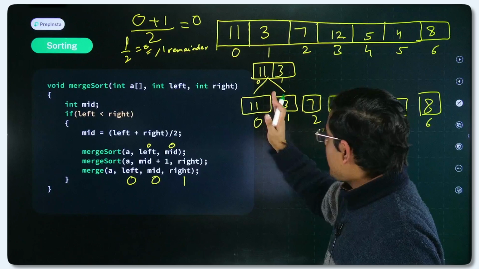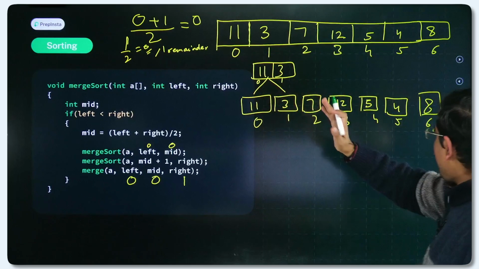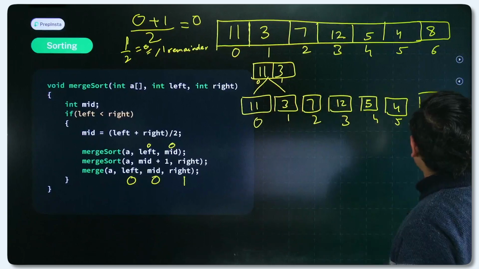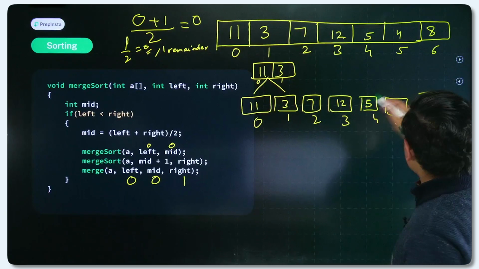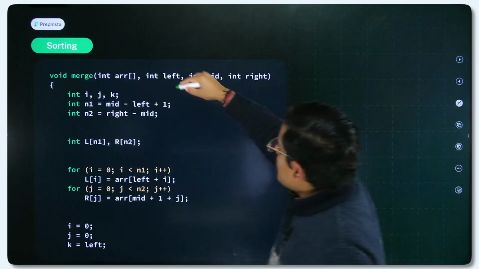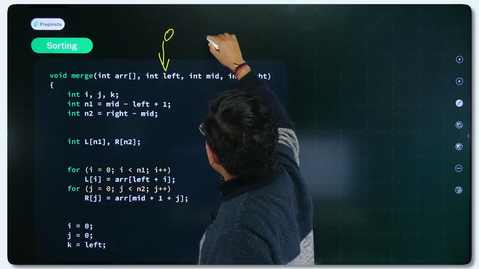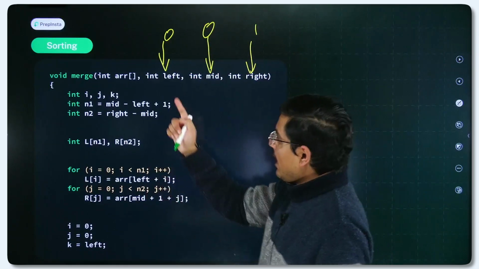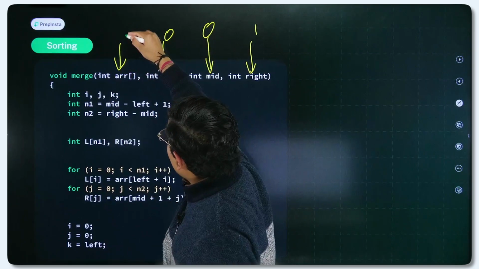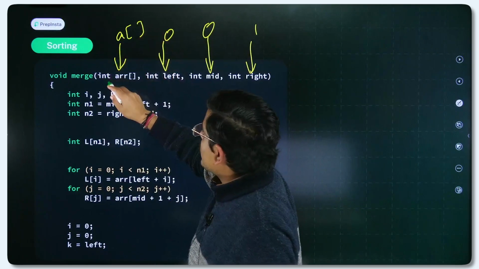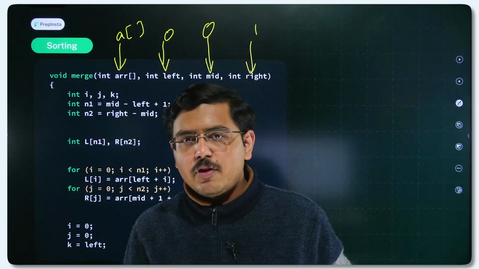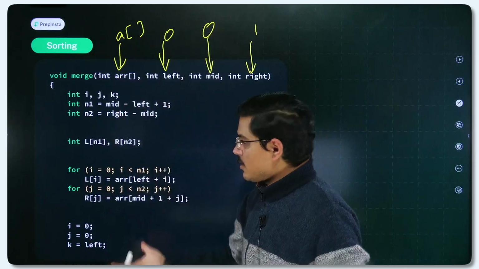Every single element is an array itself. Now 0 would be passed as left, 0 would be passed as mid, 1 would be passed as right, and A would be passed as the array. ARR would be the new name for the array used in this merge function.